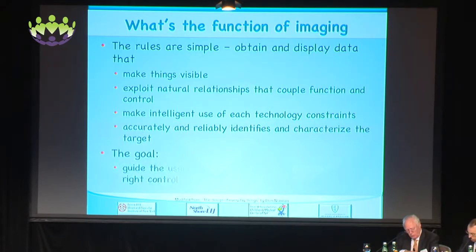What is the goal of that imaging? It is basically to guide the user effortlessly to the right action on the right control at the right time. That is, to me, what imaging is all about.